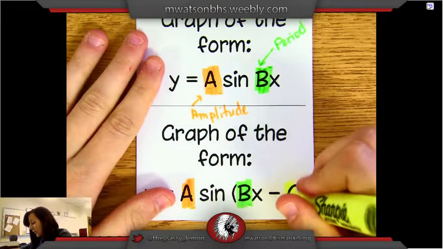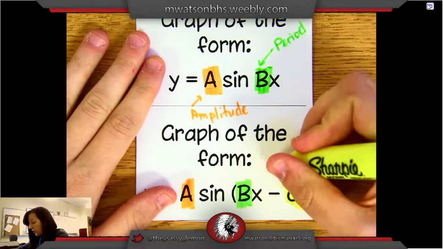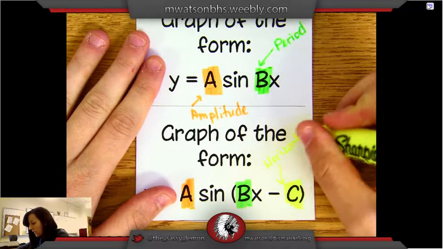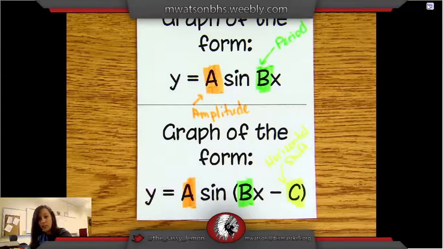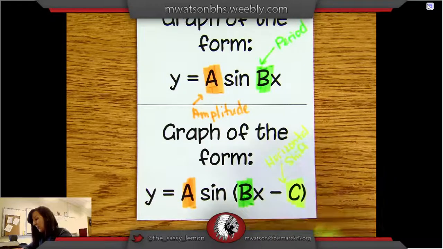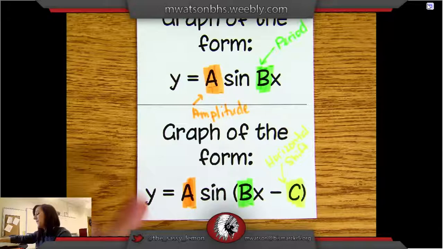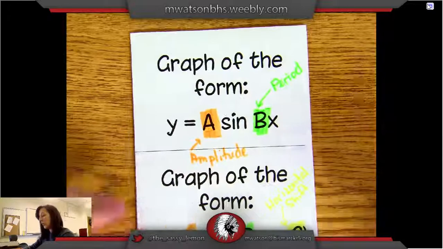This c value, that changes your starting point, and that's called your horizontal shift. It's also referred to as your phase shift, but that's going to affect where the starting point of your graph is. So let's just start by changing up the amplitude and the period, and then we'll work on the horizontal shift.